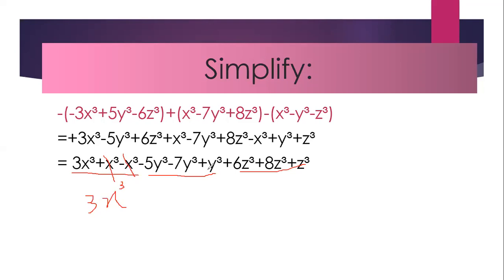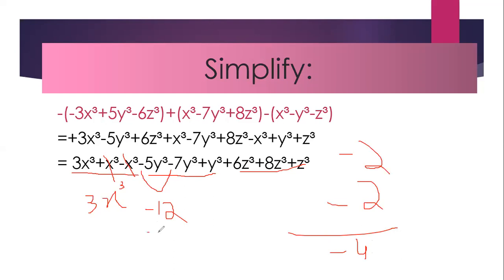3x cube. Now here, what is going on? Here minus 5 and minus 7. Okay, then you get minus 12. When you solve minus 5 and minus 7, you get minus 12. Okay, what I told you? Minus 2 and minus 2 gives you the answer minus 4. In the same way, minus 5 and minus 7 gives you minus 12.